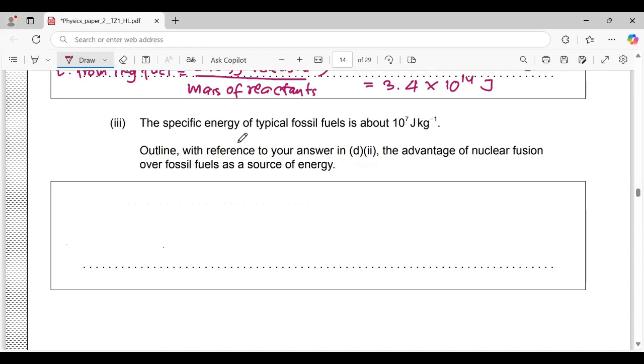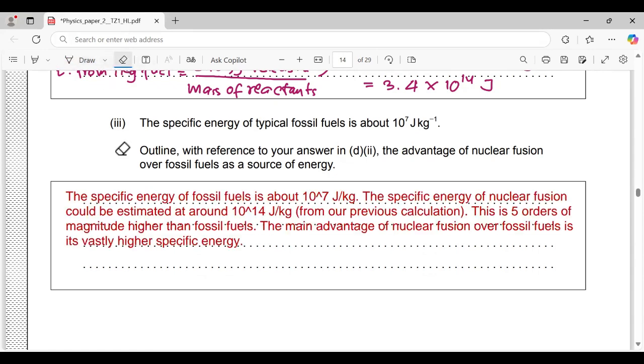Outline, with reference to your answer in part D2, the advantage of nuclear fusion over fossil fuels as a source of energy. The specific energy of fossil fuels is about 10 power 7.